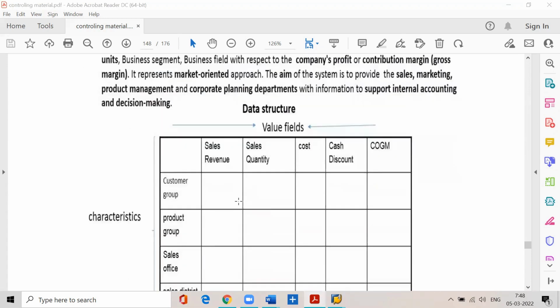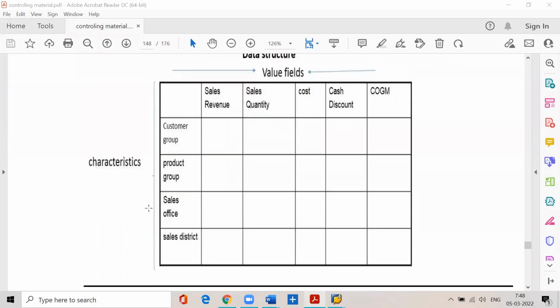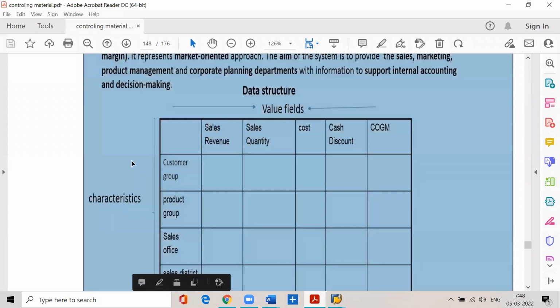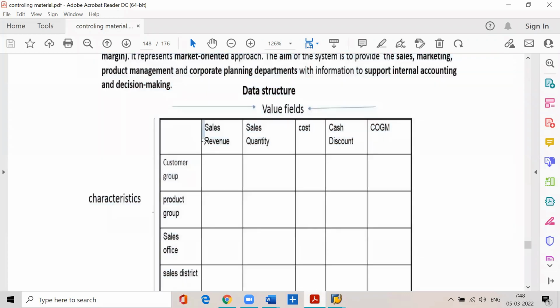Say, for example, we have the different customer groups, and we have the different product groups, and we have the different sales offices, and we have the different sales districts. Now, as far as customer groups are concerned, we have 25 customer groups. Then for each customer group, the management wants to know what is the total sales revenue.